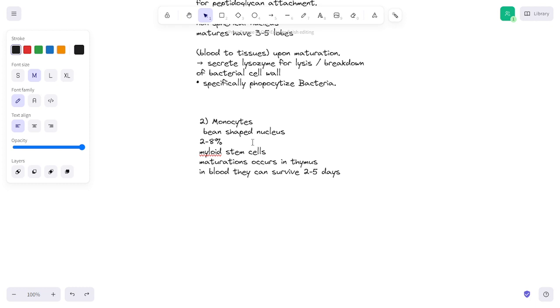They can migrate from blood into the tissues, and when these monocytes are migrated from blood to tissues, they are called macrophages, because in tissues they grow in size and get more matured.